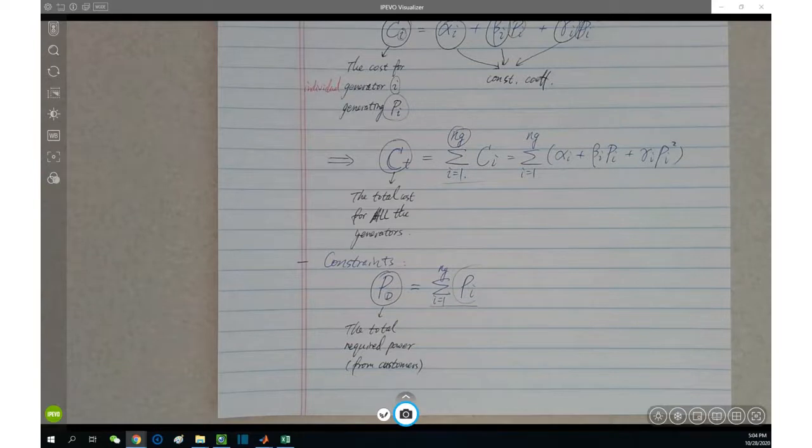Any thoughts? Nothing? All right, here's the thing. So-called proper voltage and frequency. Let me explain what Kevin means.